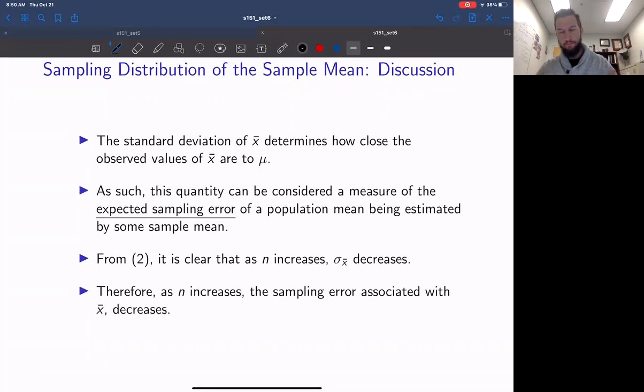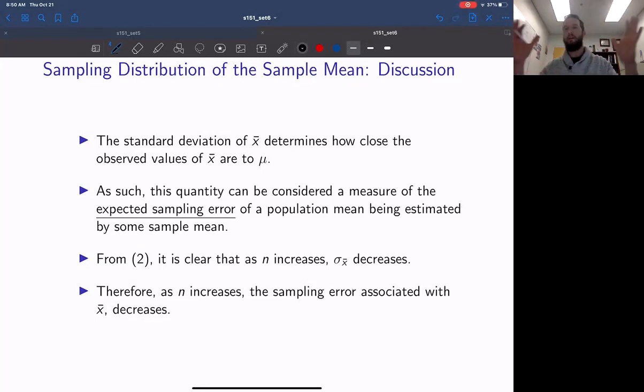So basically, the standard deviation of X bar is a measure that determines how close or far the sample means are going to be from the population mean. So the smaller the standard deviation of the sample mean, the smaller the expected sampling error. The larger the standard deviation of the sample mean, the larger the expected error.